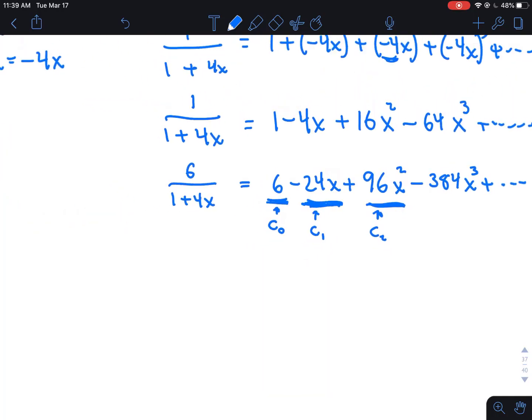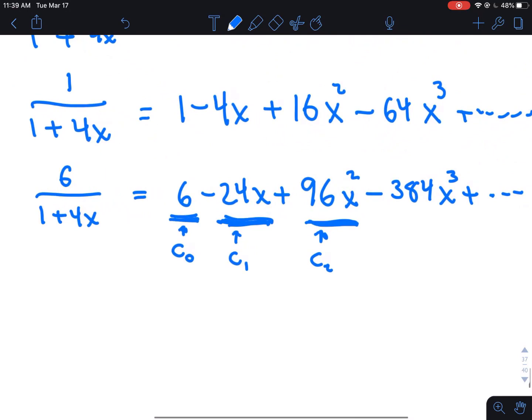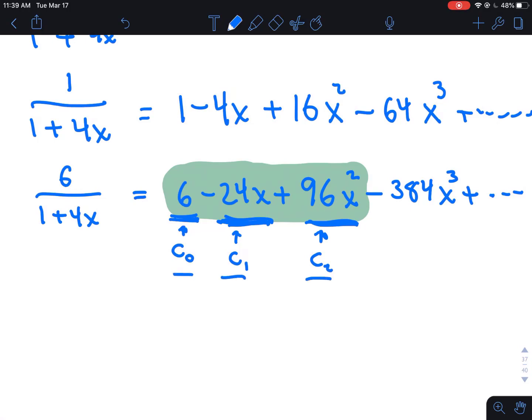So those are the smallest three non-zero terms, or the first three non-zero terms, again, starting with the lower powers of x. So this would be my answer for part A. I guess I could go ahead and highlight this. And I brought out what is the c sub 0, what is the c1, what is the c2, because WebWork quite often asks for this.